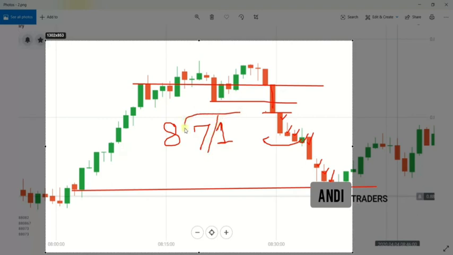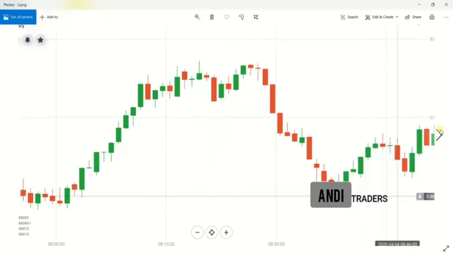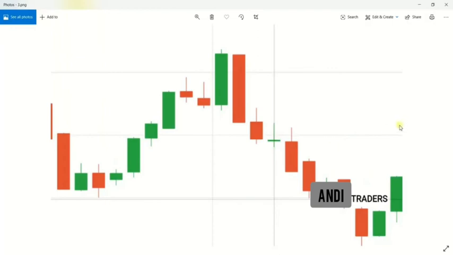So 7 wins, 1 loss, it is a very good winning ratio, and you can follow the momentum. It will help you. The candlesticks in the momentum will help you, and you can win your trade easily.